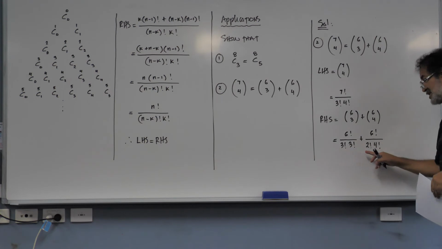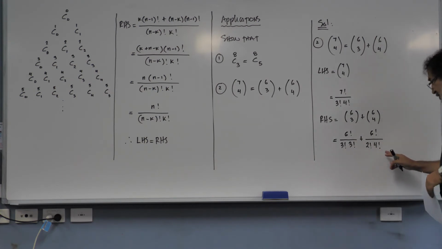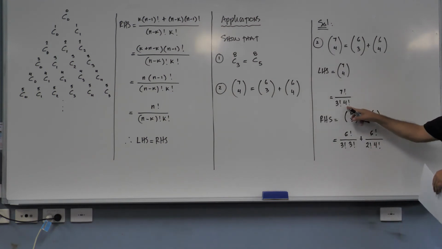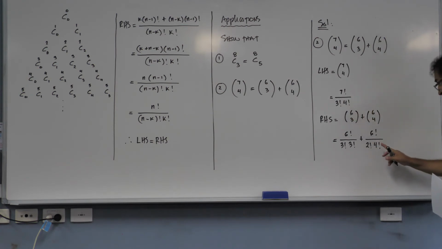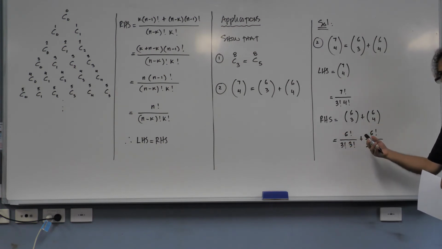I really want to have the same denominator. So you can see that in here we have 4 factorial, and I really want to keep that one. So that means that I need to multiply this fraction by something that will give me that 4 factorial.